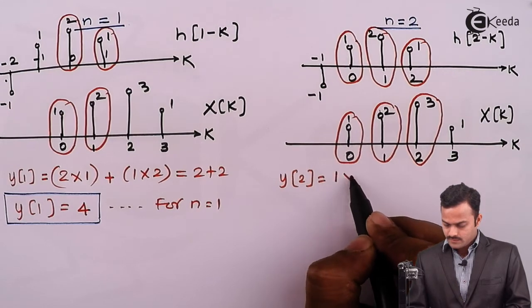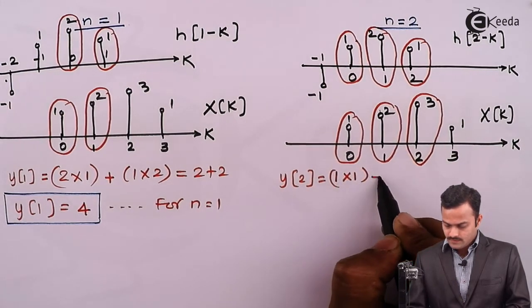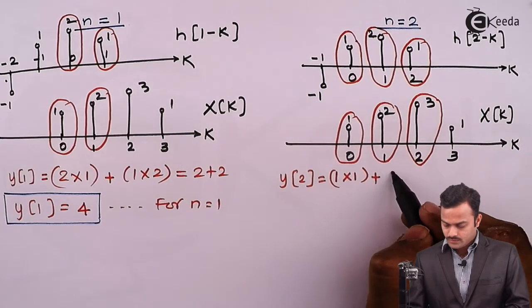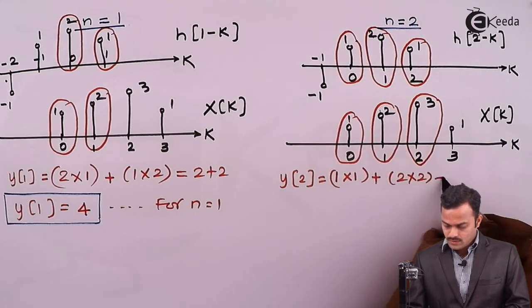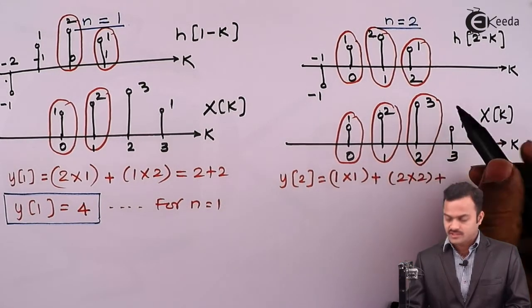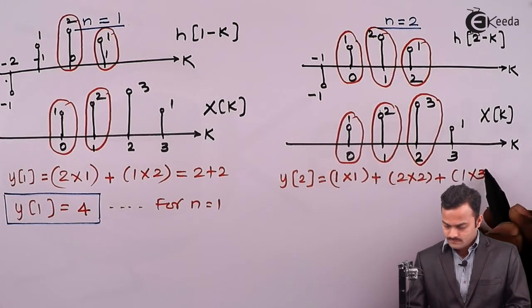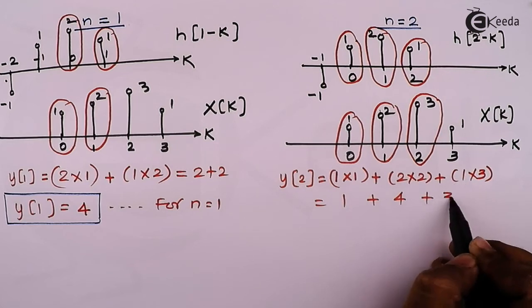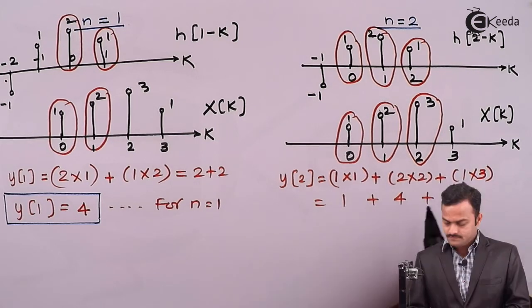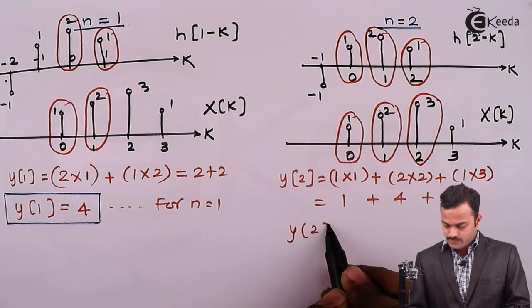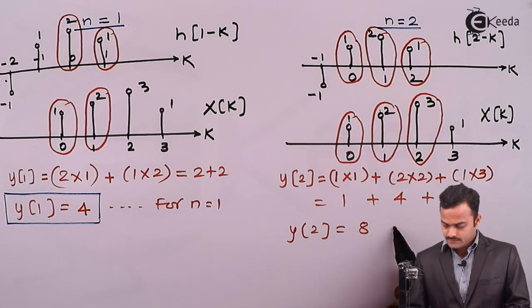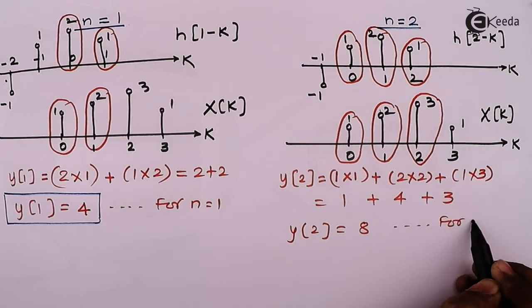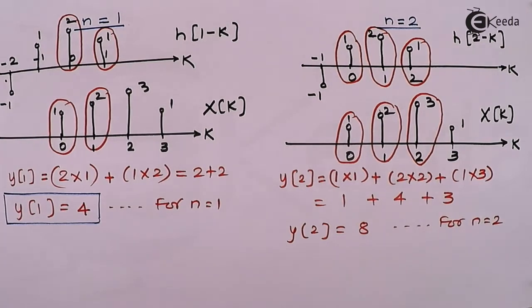So 1 getting multiplied with the 1 plus 2 getting multiplied with the 2, and over here 1 is getting multiplied with 3. So it will be 1 plus 4 plus 3. If we sum this up, y of 2 we will get as 8 for n equal to 2.